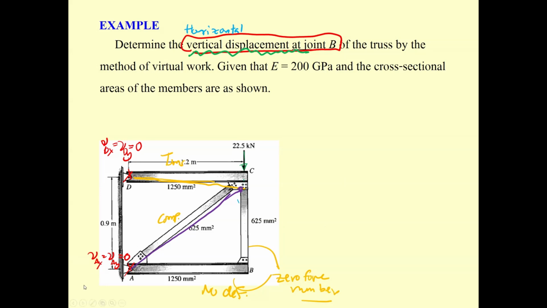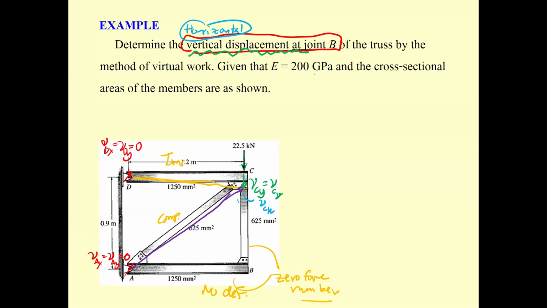Then I can assume the deformation in this form. This is going to be V sub C H for the horizontal, and this is going to be our V sub C Y, or you may see this as V sub C V, vertical and Y, the same thing.